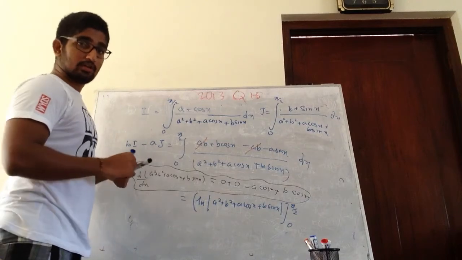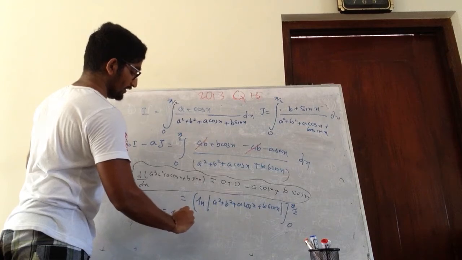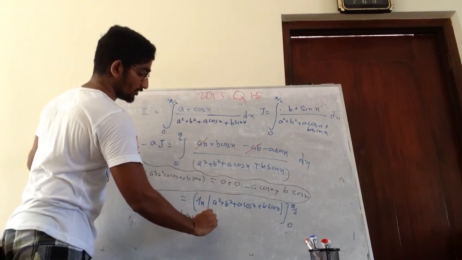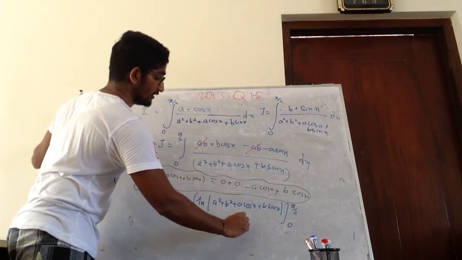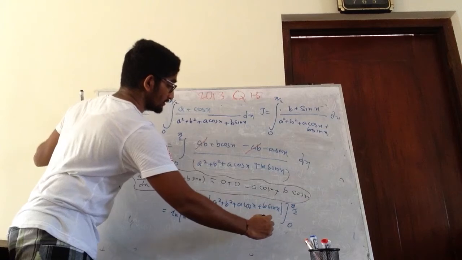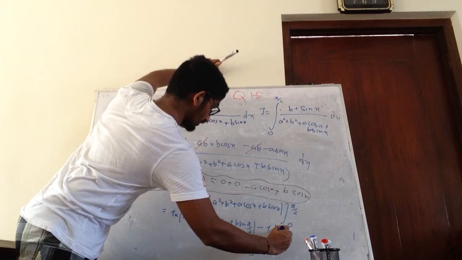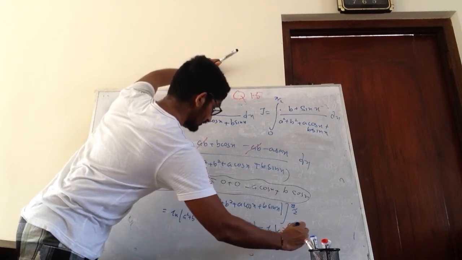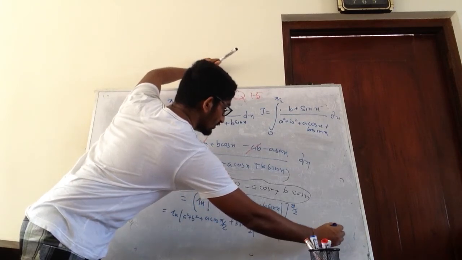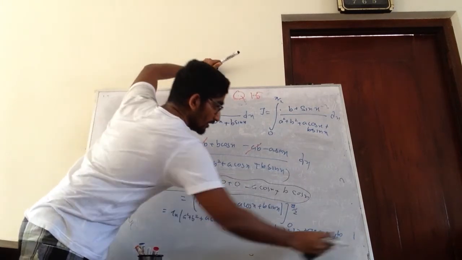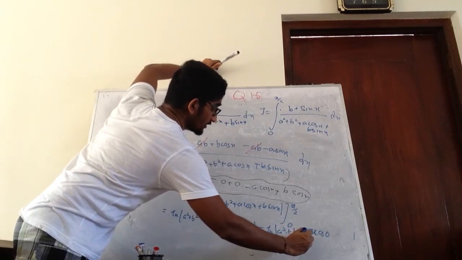So then what will you get? You will get ln of a squared plus b squared plus a cos 5π/2 plus b sin 5π/2, minus ln of a squared plus b squared plus a cos 0 plus b sin 0.